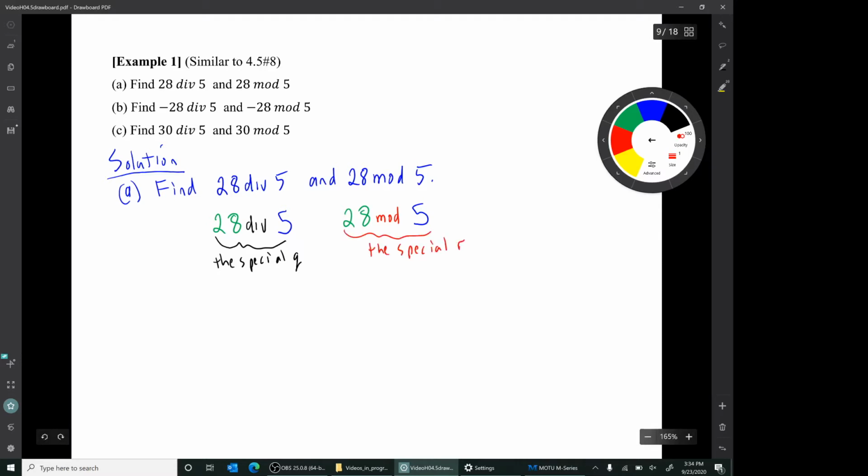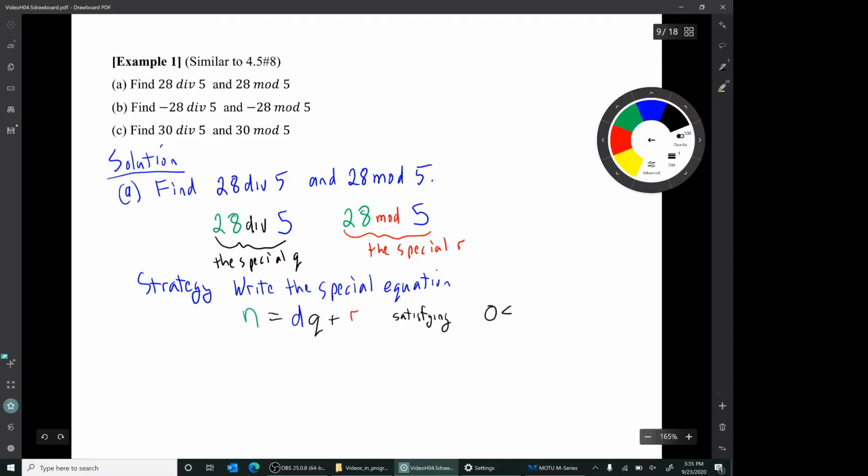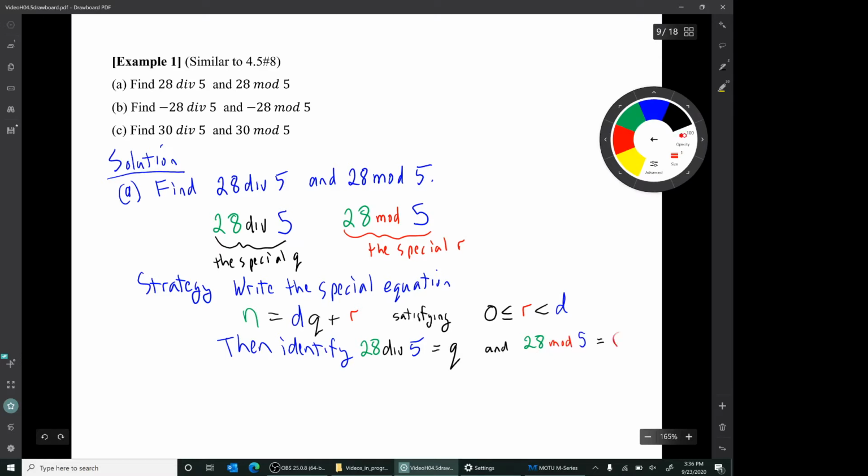So the strategy is to first write this special equation and then identify q and r that work. Those are my div and my mod expressions.